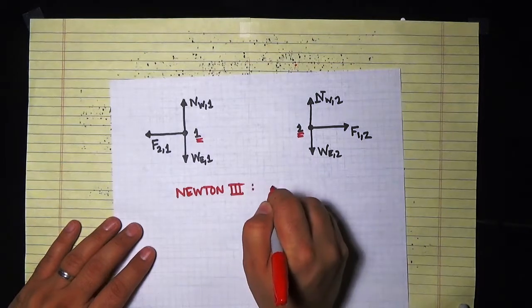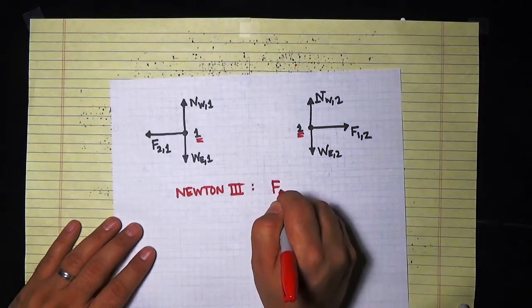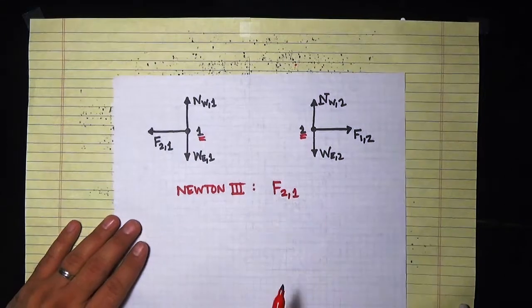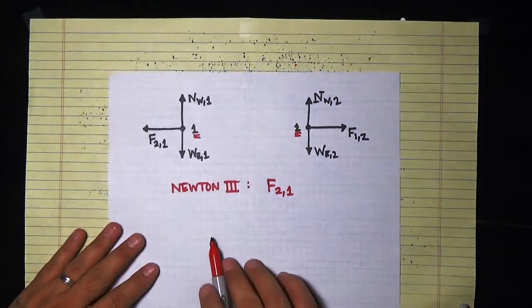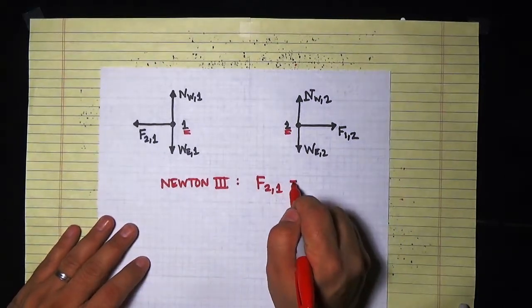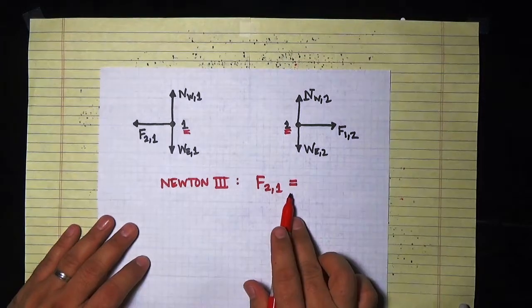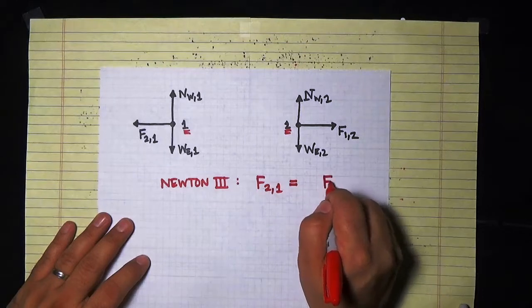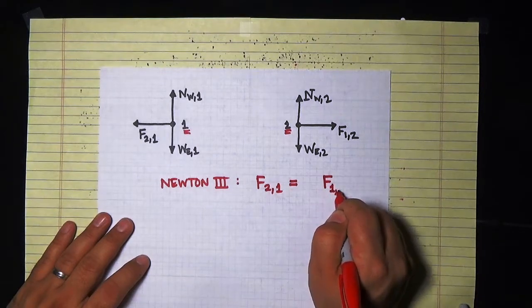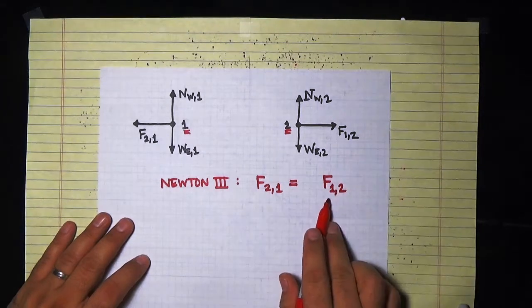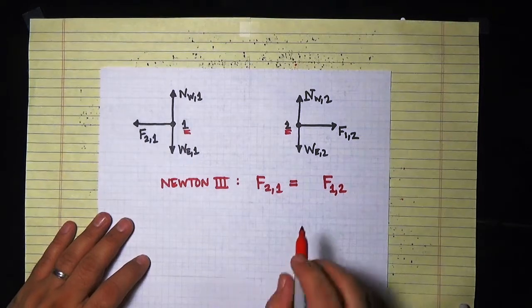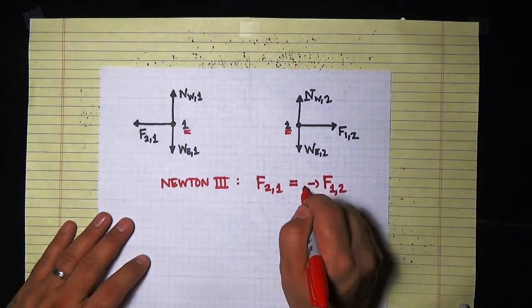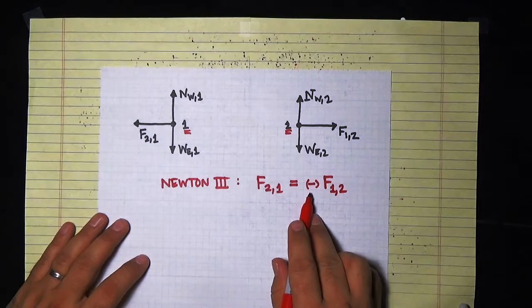Now Newton's third law is that for every force, say the force of canoe 2 acting on canoe 1, there is an equal, meaning equal in magnitude, force, that is the force of canoe 1 acting on canoe 2, that points in the opposite direction.